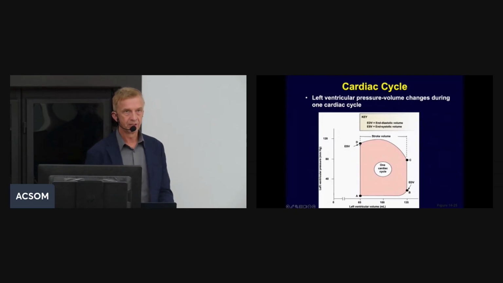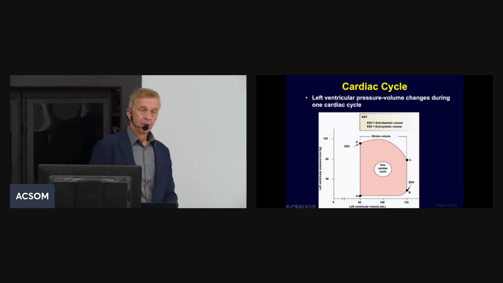The pressure is still elevated, and then suddenly the pressure drops, but volume doesn't change. And that's the last phase, which is what? Isovolumic, because the volume doesn't change. Isovolumic relaxation. And again, the cardiac cycle starts again.